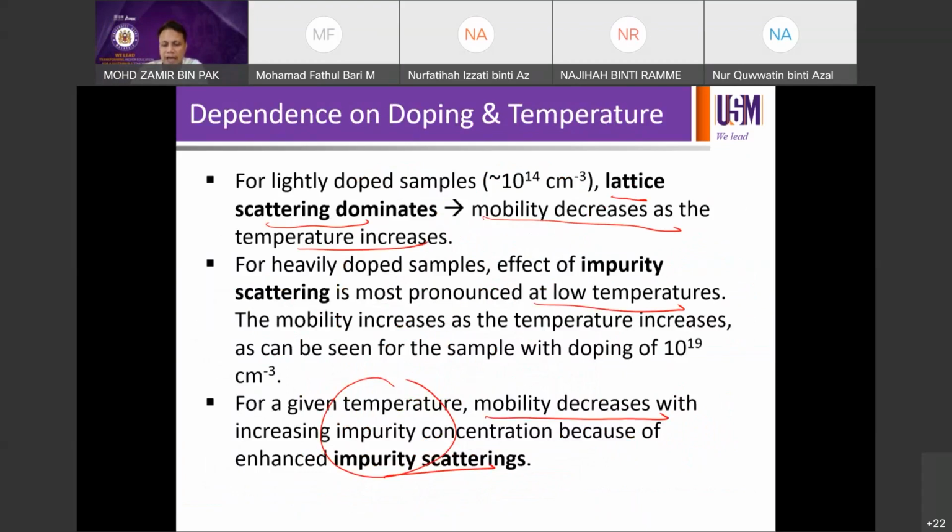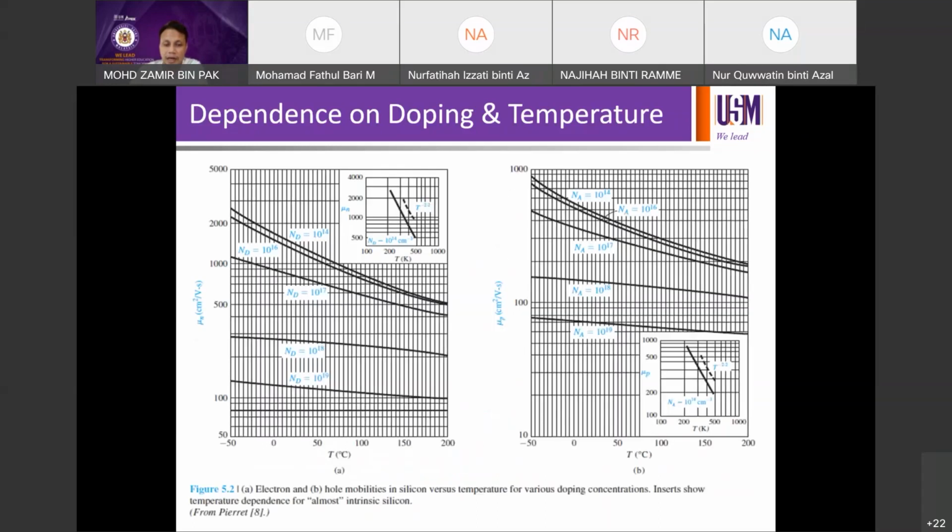But if you talk about heavily doped semiconductors, you need to be talking about two scattering mechanisms: impurity scattering at low temperatures, and lattice scattering at high temperatures. So remember, for a lightly doped semiconductor, only lattice scattering dominates at increasing temperatures. But for heavily doped, you're going to have impurity scattering dominating at low temperatures, but lattice scattering dominating at high temperatures. Okay. So let's have a look at another representation of the same thing.